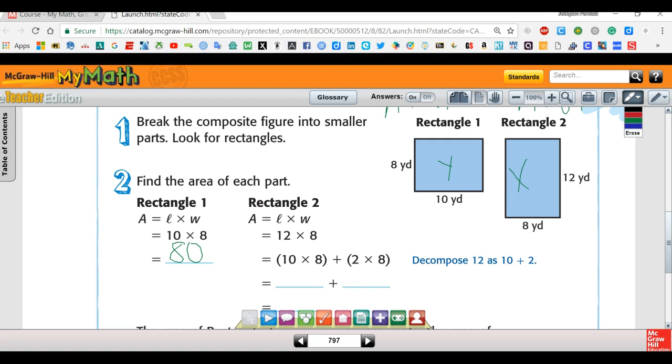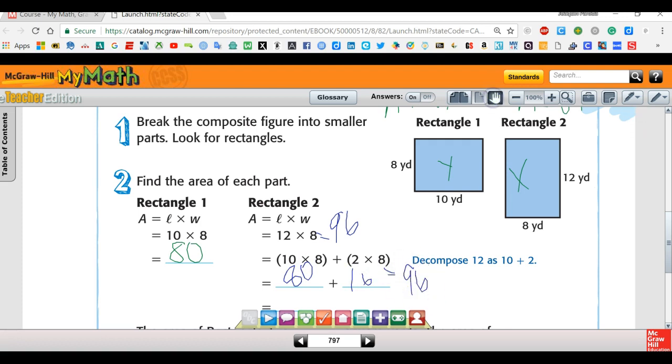And the area for rectangle B is 12 times 8, which is 96. Or 10 times 8 is 80, plus 2 times 8 is 16, and 80 plus 16 is 96. That's how they got that.